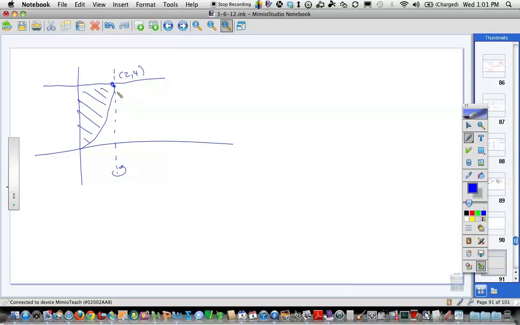Well, first of all, can you picture what this thing looks like? I mean, the other half's going to be over here, right? Like so.